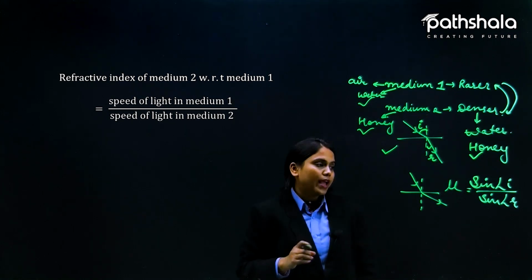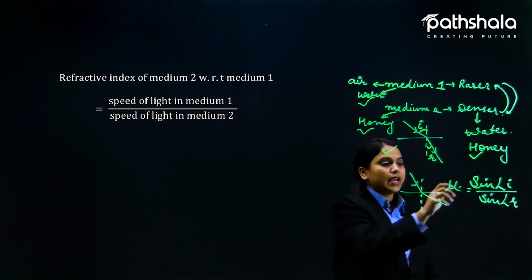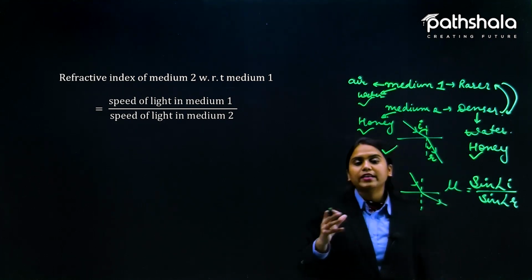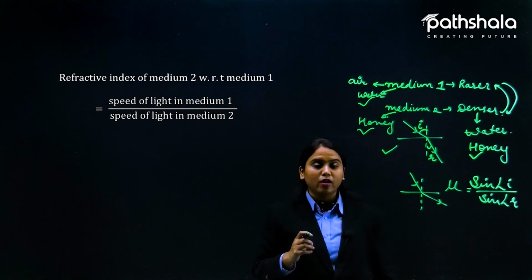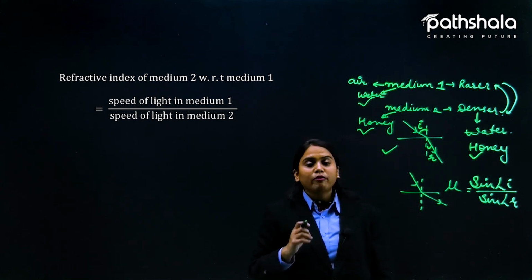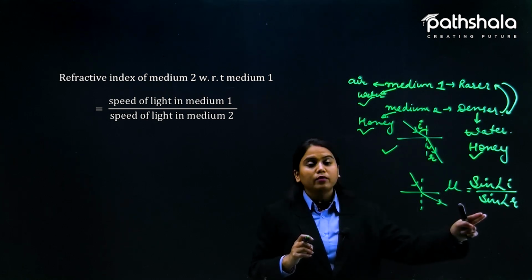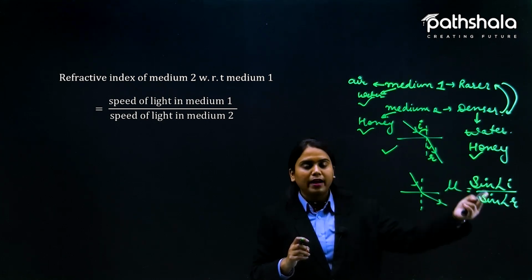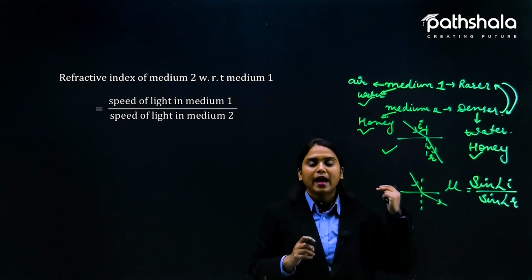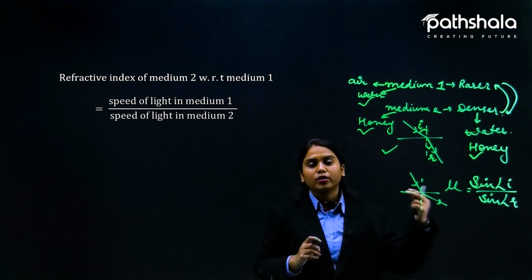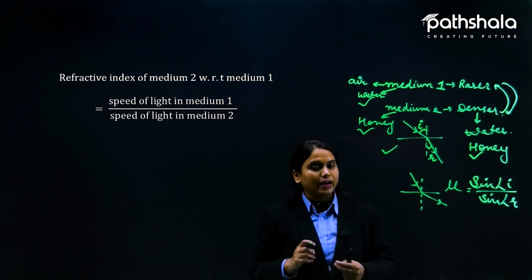So that is why we have to keep the formula like this. If you cannot find the sine of the angles, but you can find the speed of the mediums, then the speed of light could be used in the formula. There are two formulas. One is with respect to the sine, where you take the angle measurements, put in their sine values and find the refractive index.